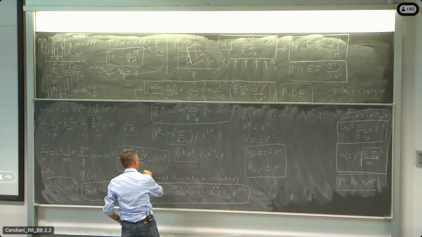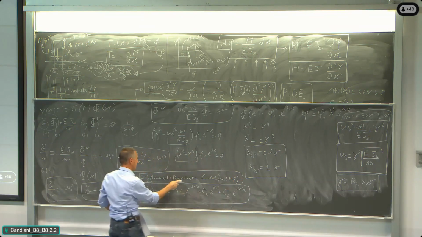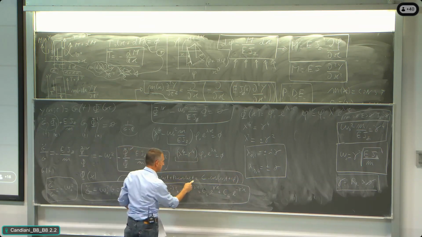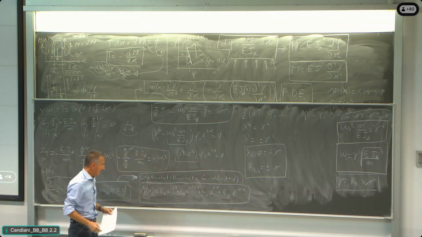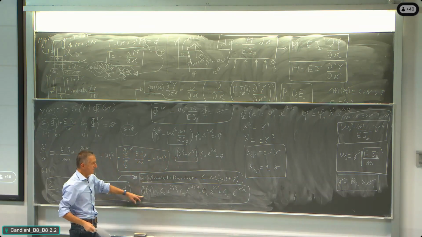So we could write it as the addition of sine plus cosine or just cosine with a phase. And the space function is written in this way.